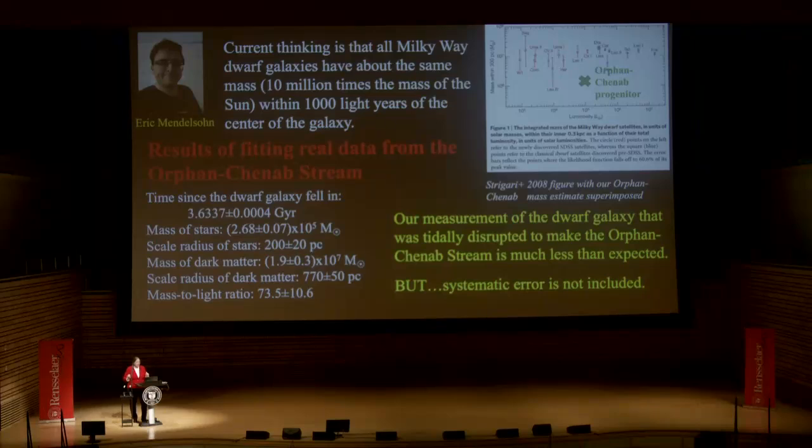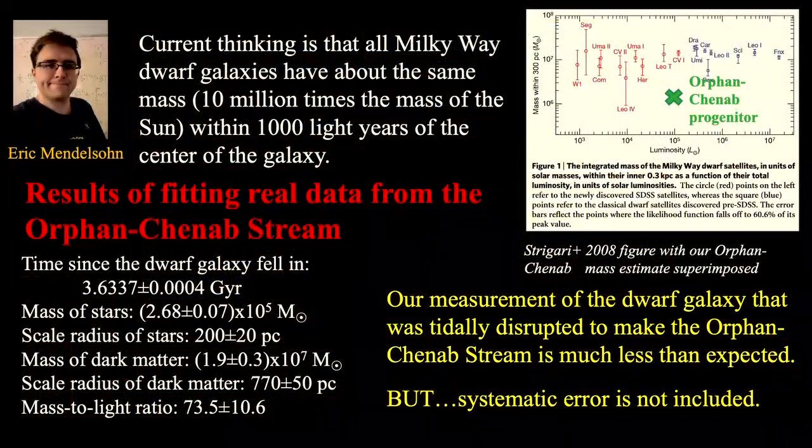All right, so my more recent student, Eric Mendelson, took that the one obvious step further, which is to run that on a set of data for one of the streams called the Orphan-Chenab stream in the halo of the Milky Way. And what I want to say first is that the current understanding of these very faint, small, we call ultra-faint dwarf galaxies that are falling into the Milky Way is that they have a minimum mass of about 10 million times the mass of the sun.